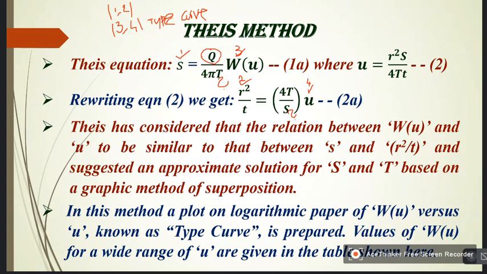So in this method, it is considered that the relationship between W(U) and U is similar to that between S and R square by T, and an approximate solution for S and T is suggested based on the graphic method of superposition. That is the crux of this method.